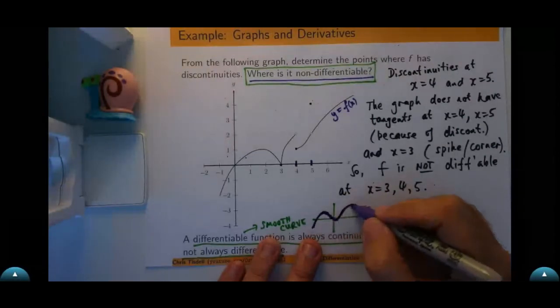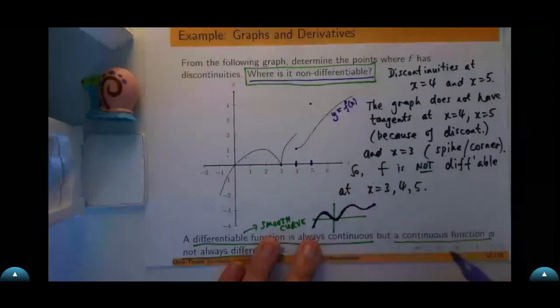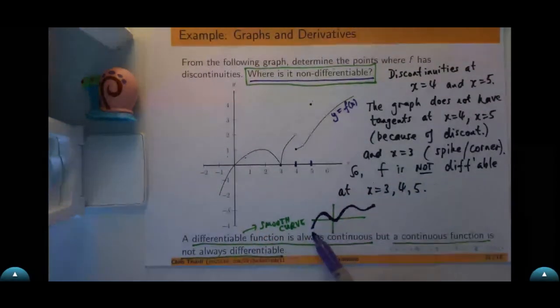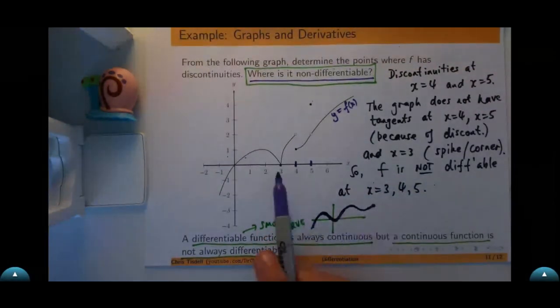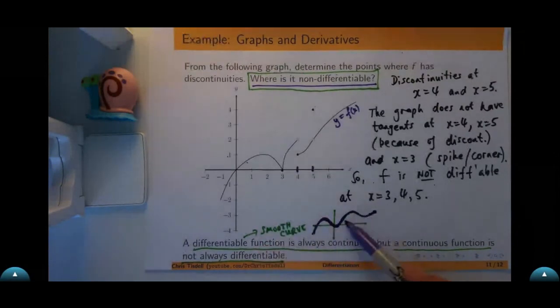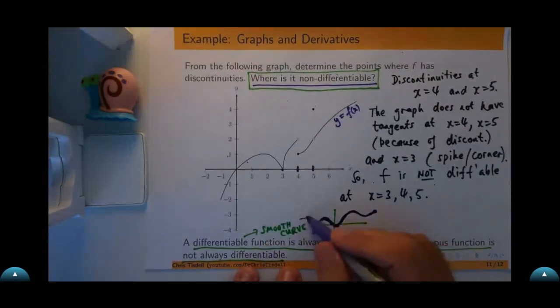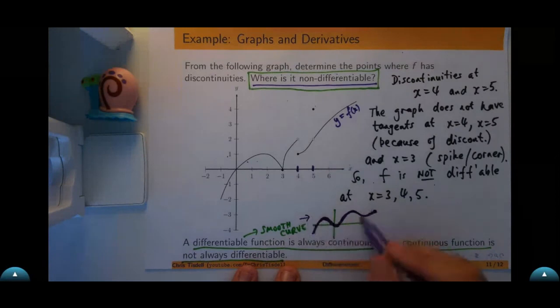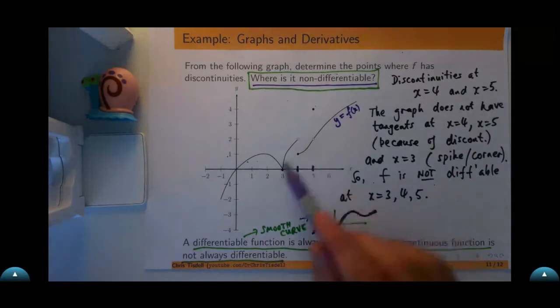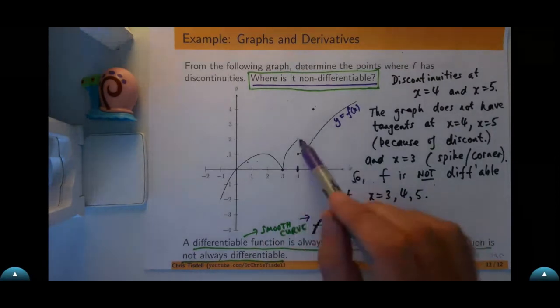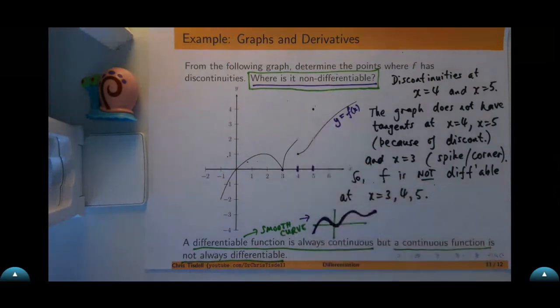You can ride your skateboard on that super easily. These are nice soft bends. It doesn't have any sharp points. This is a smooth curve, and it's differentiable at all points. This one, not so smooth, right? You've got that, you've got that, and you've got that.